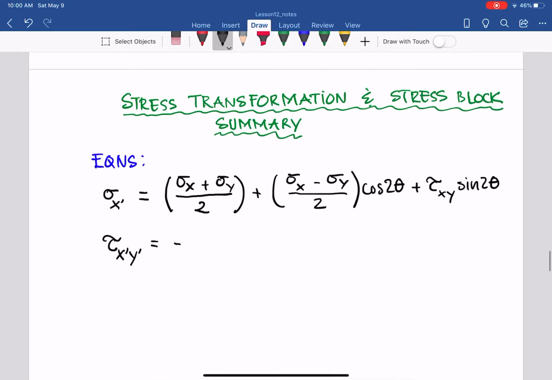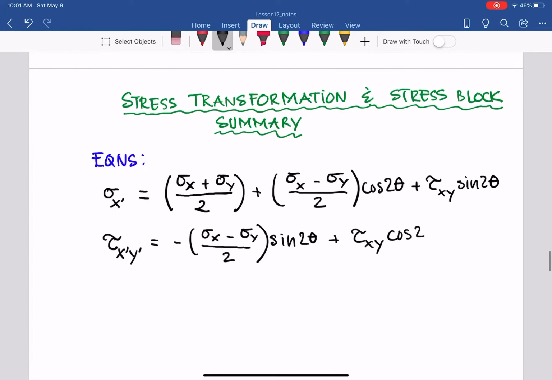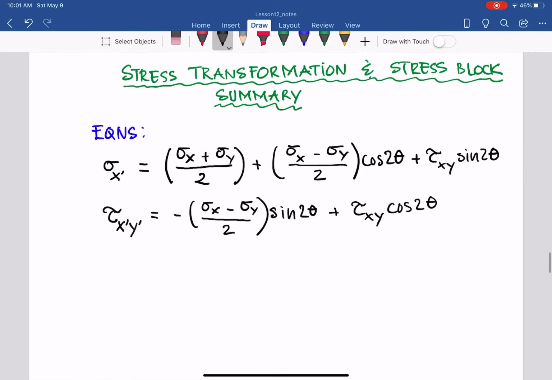It equals negative sigma x minus sigma y divided by 2, times sine 2 theta, plus tau xy cosine 2 theta. And from that, we can draw the blocks when we do that transformation in terms of stress block.